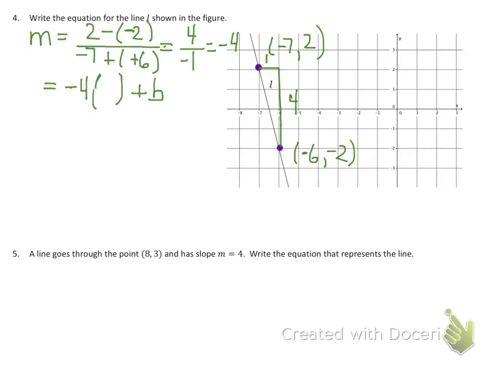Our y coordinate is the 2. Did I have it right already? The y coordinate is the 2. The x coordinate is the negative 7. I think we got this now. So this is 2 is equal to negative 4 times negative 7 would be positive 28 plus b.